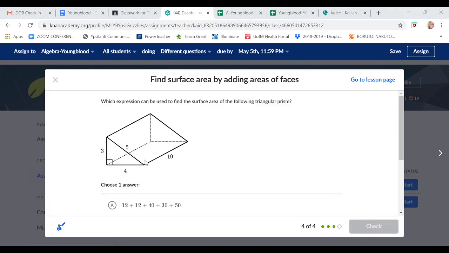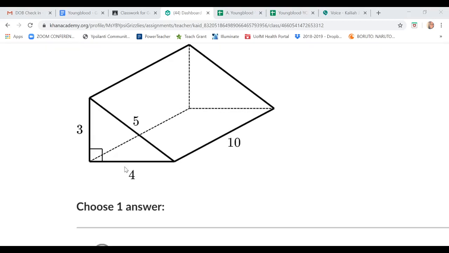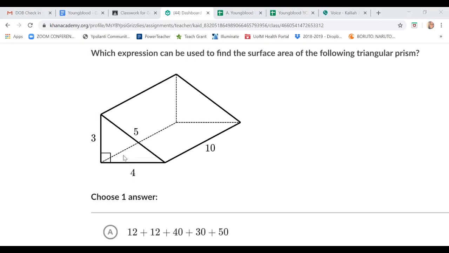Next one we have, we're given another triangular prism. So again, we have these 2 bases that are triangles. Base times height divided by 2. So 3 times 4 is 12 divided by 2 gets us 6. So we're going to have 6 plus 6. And then the area for this rectangle is going to be 3 by 5, right? 3 by 5.